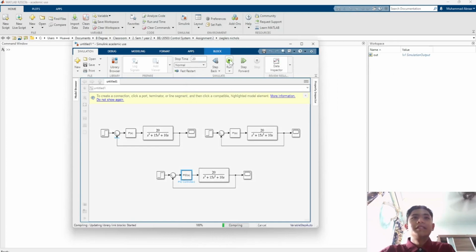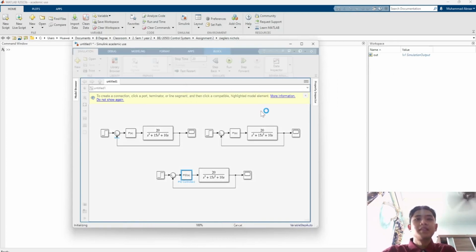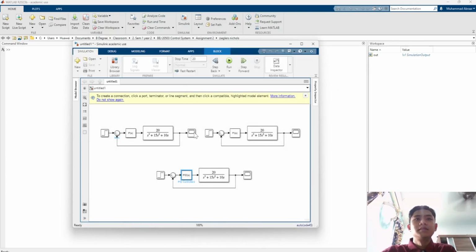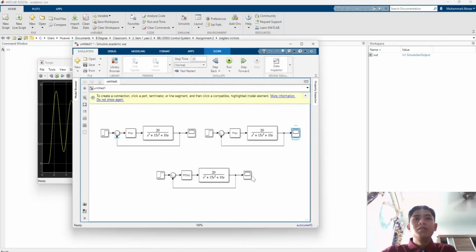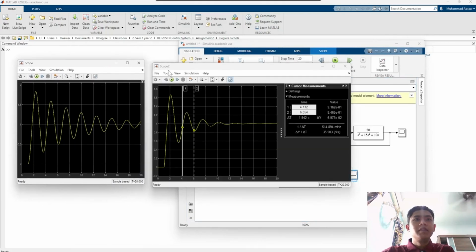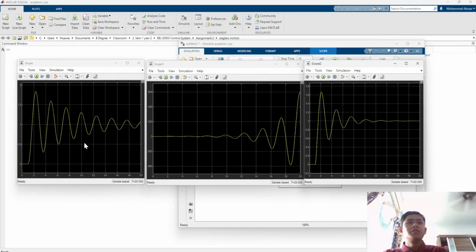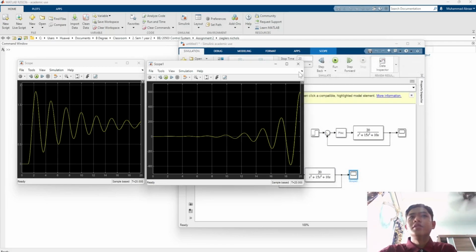So let's run. Now we get our PID. Let's arrange. Okay, so this is for the P, this is for PI, and this is for PID. And this is from the Ziegler-Nichols method to derive our transient response.